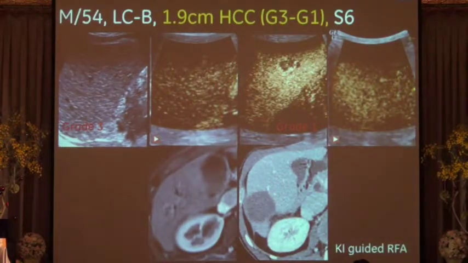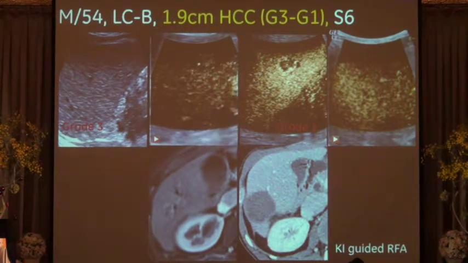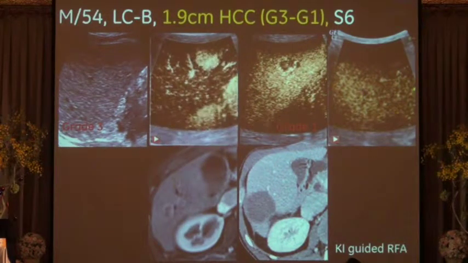On conventional US, we can't find the nodule, but by Sonazoid CEUS, a hypovascular nodule is seen in vascular imaging, here, with a defect in the Kupffer image. We performed Kupffer image guided RFA. The tumor was completely ablated.